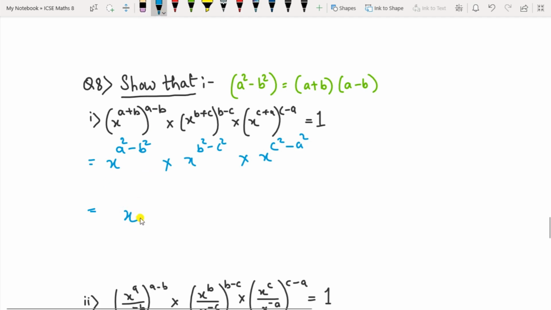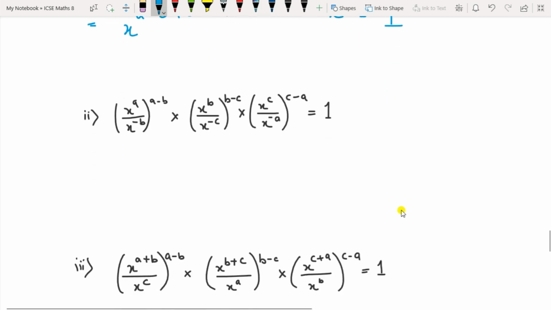So x raised to a square minus b square plus b square minus c square plus c square minus a square. So this whole becomes x raised to 0, since all the powers are in the positive and the negative terms. Okay, so it gets cancelled, and therefore it is x raised to 0, that means 1. Hence proved. Second one.